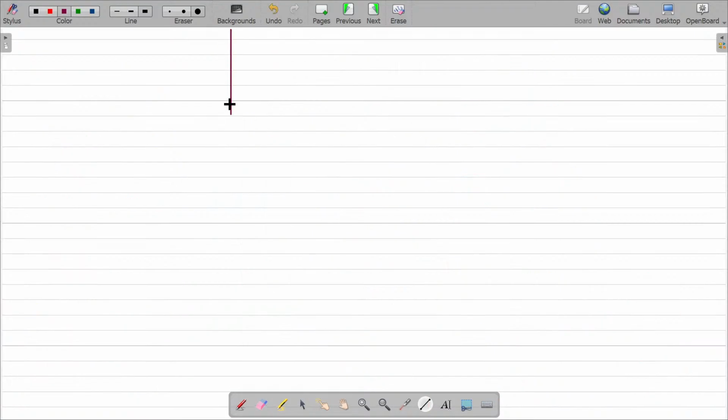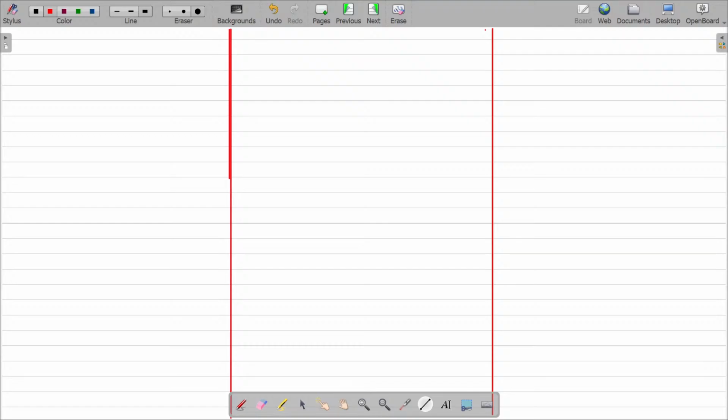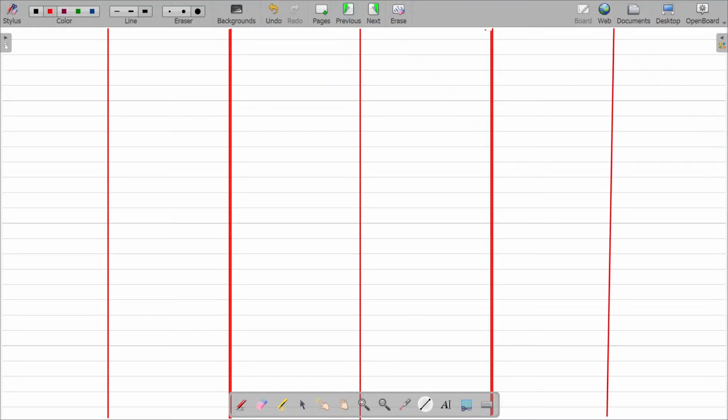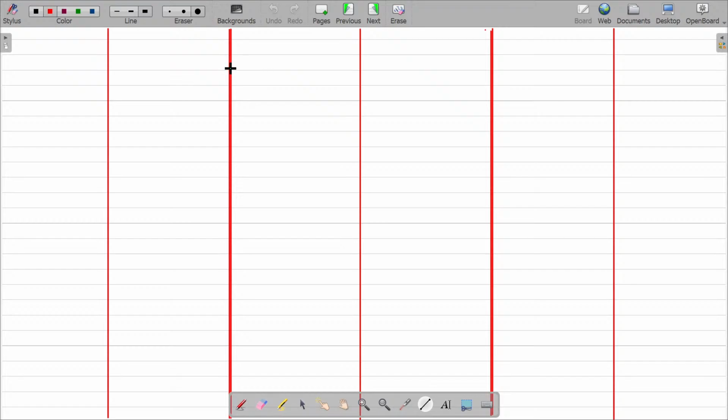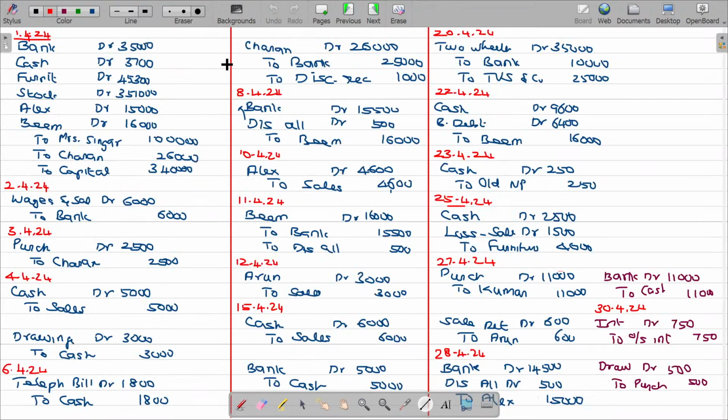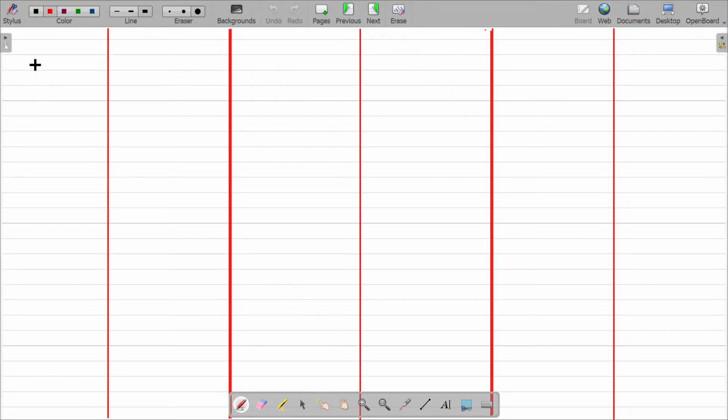The first one being the bank account. I put the tick mark and prepare the bank account here.